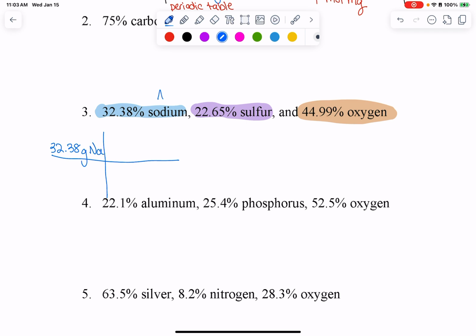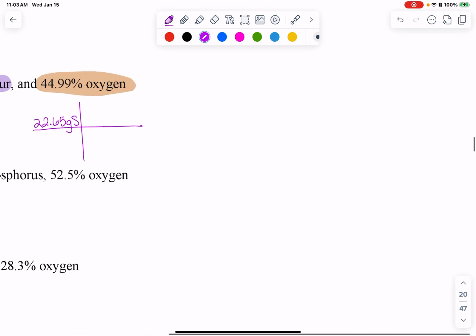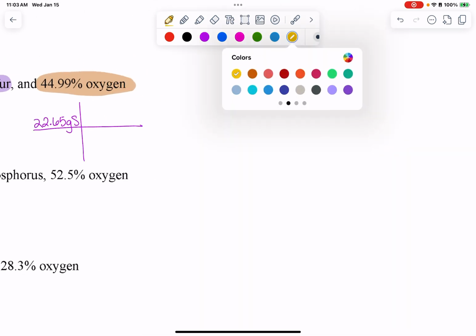So remember, sodium is Na. Our next table is sulfur. So 22.65 grams of sulfur, S. And our last table is oxygen. Let's change this to orange.